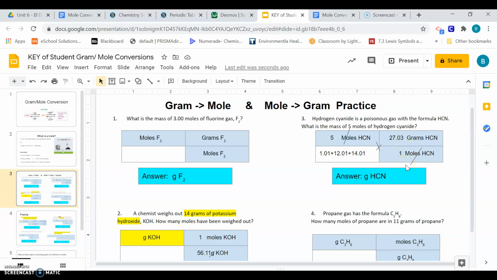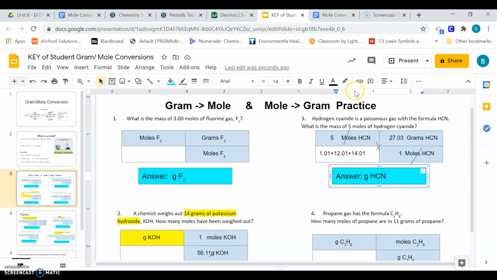So what that's going to give us for number 3 here is our final answer. 5 times 27.03 is 135.1. Divided by 1 would still give us the same answer. So it's going to be our answer for number 3 in grams of hydrogen cyanide. So this is going from mole to gram.